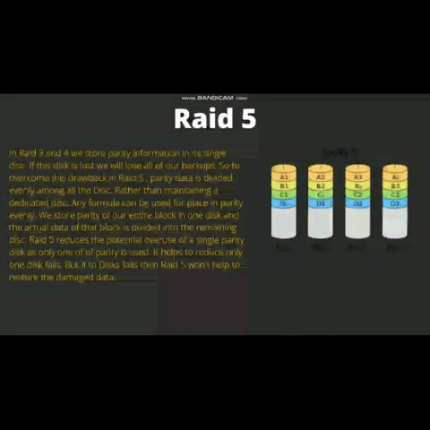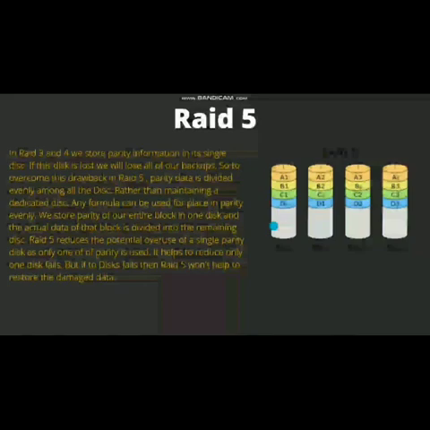RAID 5. As we know, in RAID 3 and 4 we store the parity information in a single disk, and if that single disk is lost, then we will lose all our backups. So to overcome this drawback, in RAID 5 parity data is divided evenly among the number of disks. Rather than maintaining a dedicated disk, some formula can be used for placing the parity values evenly.